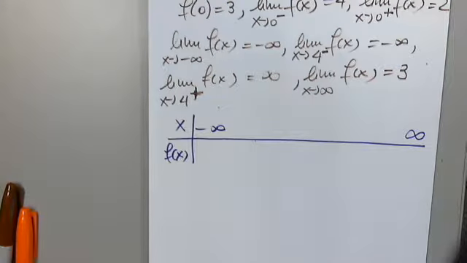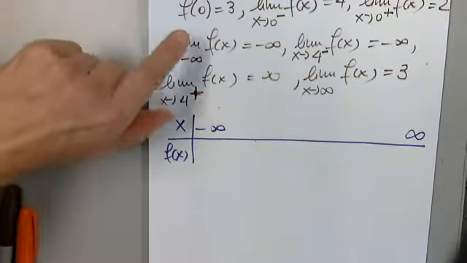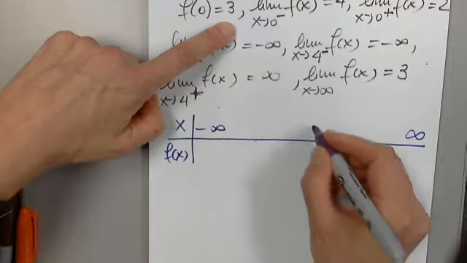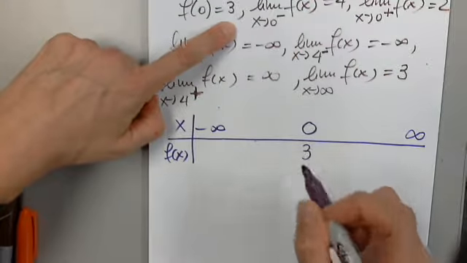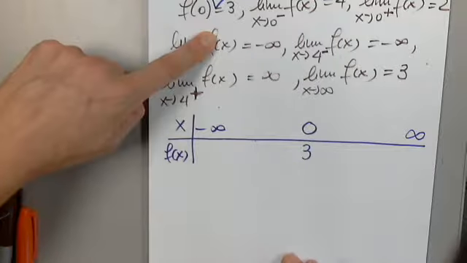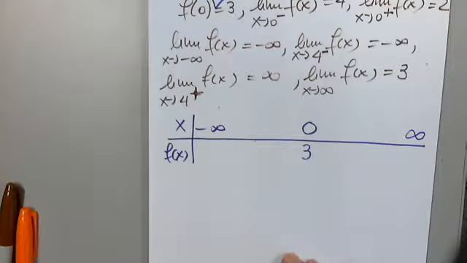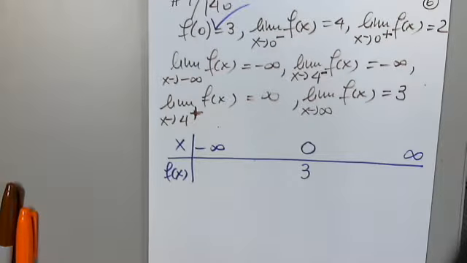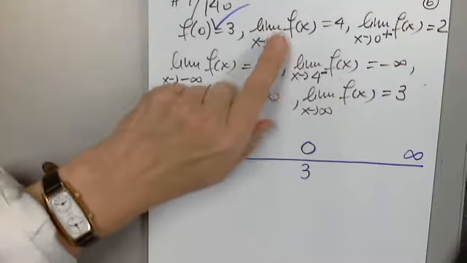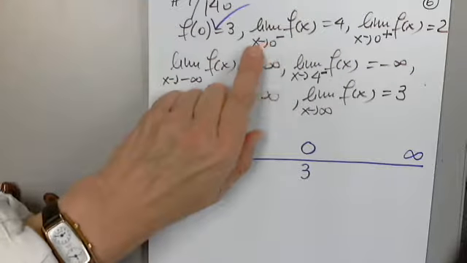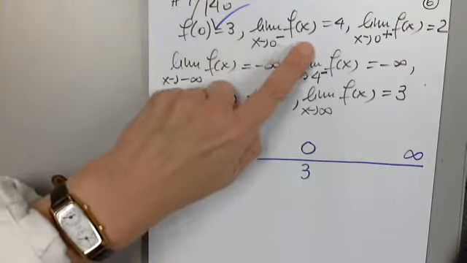Okay, so let's put them in one by one. F of 0 is 3. Done. Is this okay so far? Are you with me? Do you need more time? Are you with me, everyone? Okay. Limit of f of x as x approaches 0 from the left is 4.